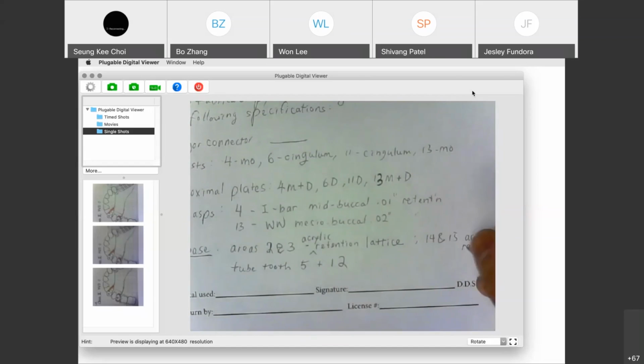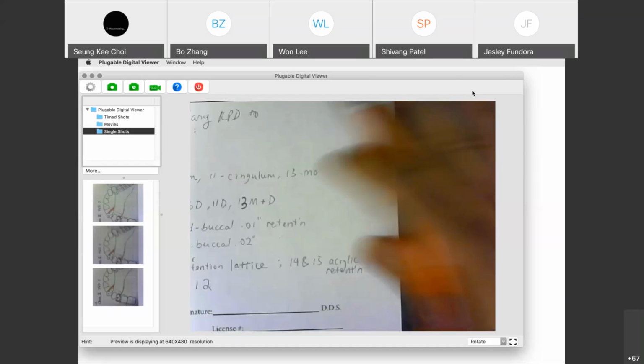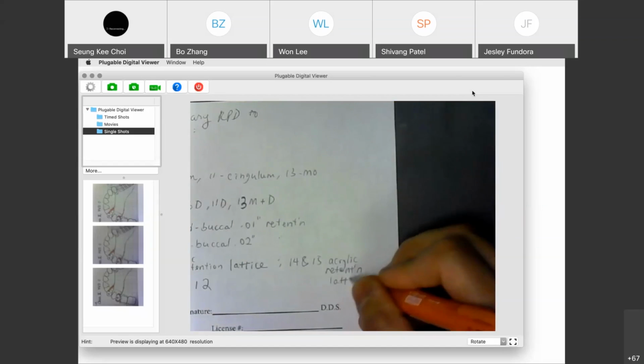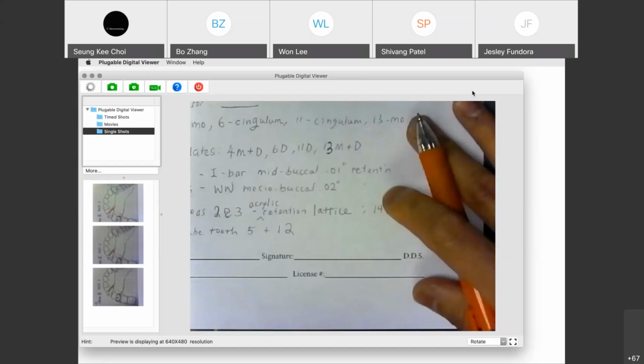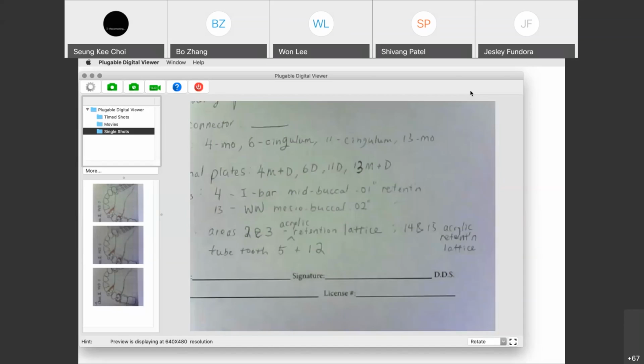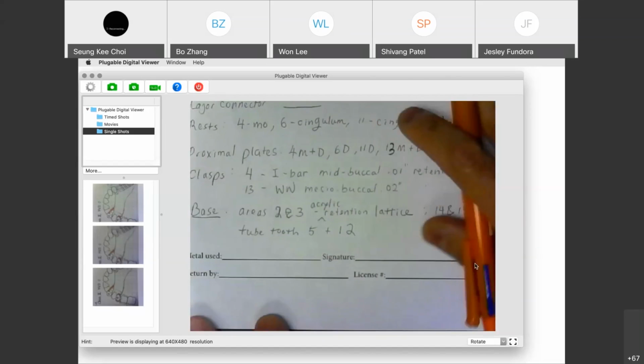I'll show you this section of the page in a moment. I know it's 14 and 15 acrylic retention lattice. Okay. Is there anything else I might have missed? I can't think of one. Yeah. So in this section, I'm pretty much done.